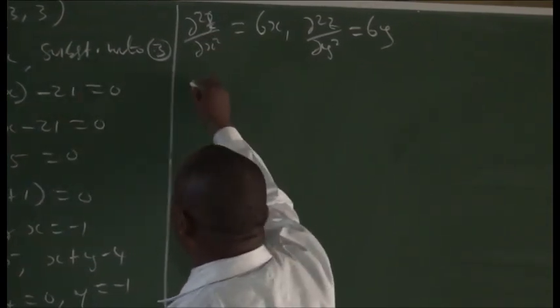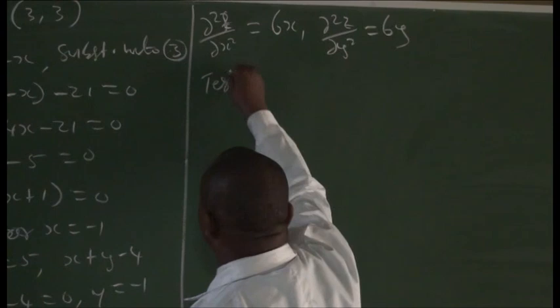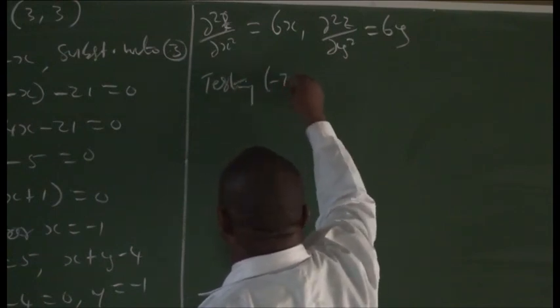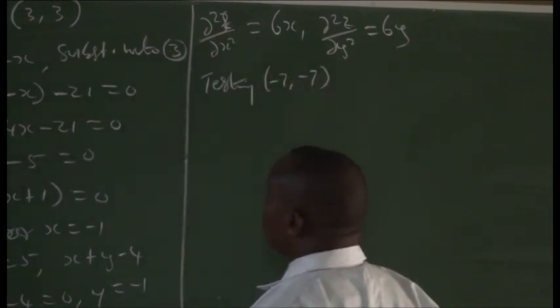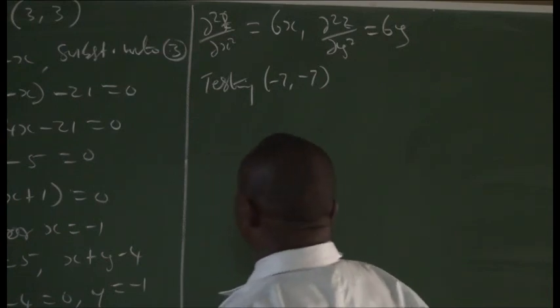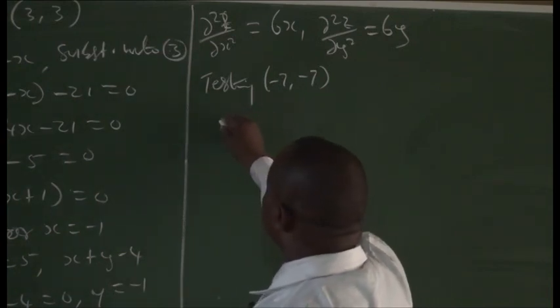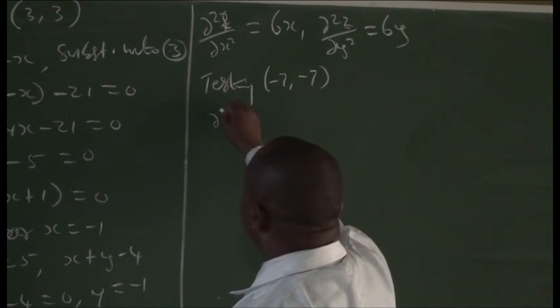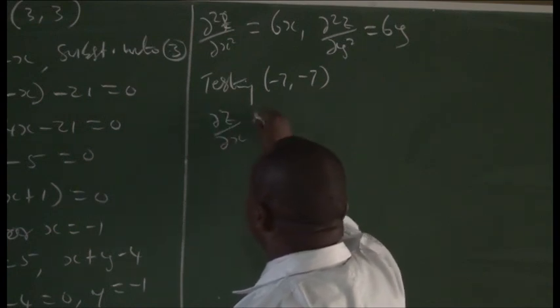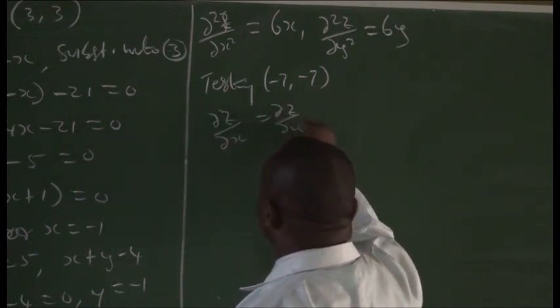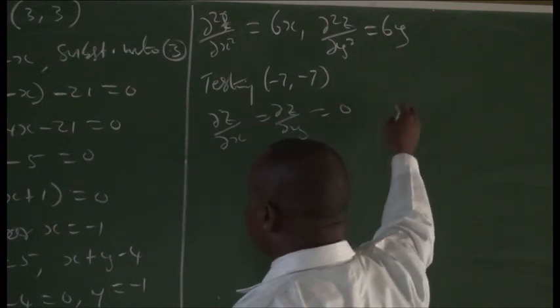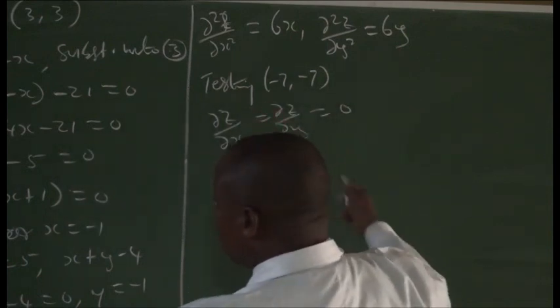So we want to test the first points. Let's test this place, testing minus 7. Let's see whether this point is maximum or minimum. We know that partial z over partial x equals partial z over partial y equals 0. That is the first condition, because if you put it there, you have 0.